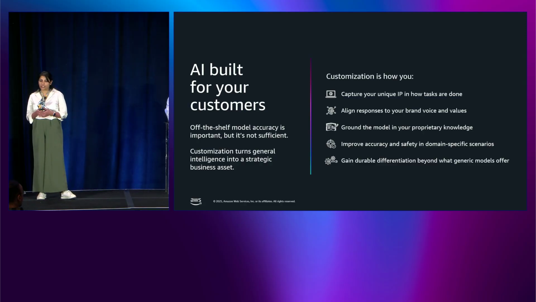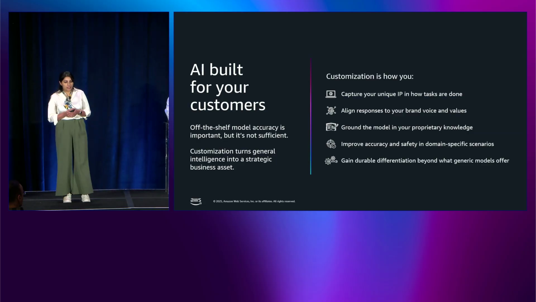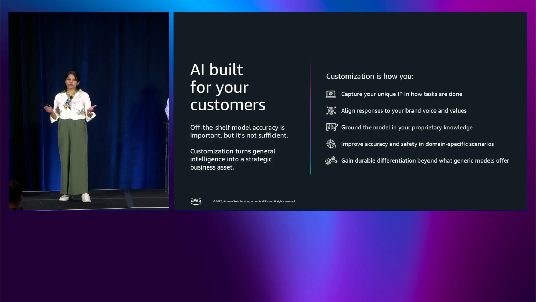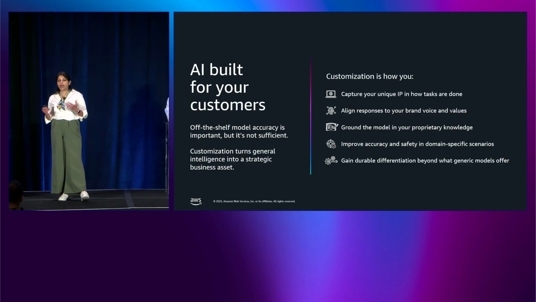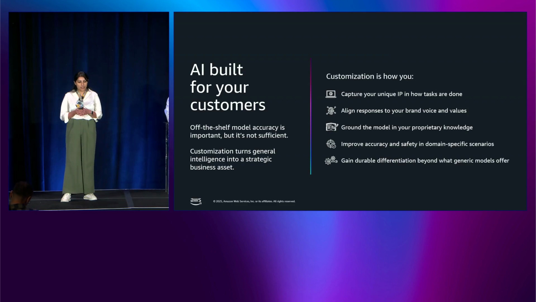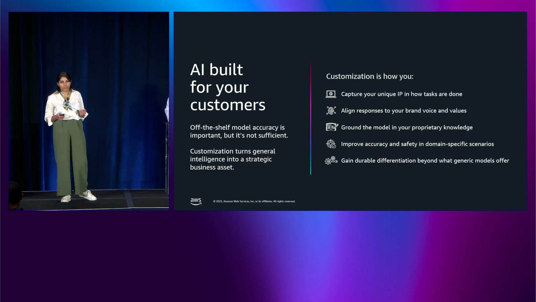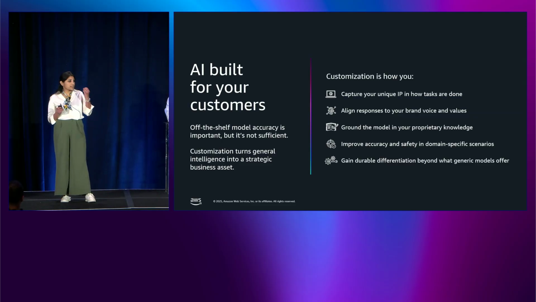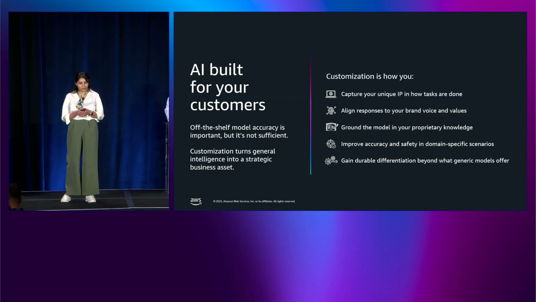So how can customization really help? Customization is how you can capture your unique IP in how tasks are done. You have your unique workflows, your unique business processes, and customization helps you embed these into the model. Customization also allows you to align the responses to your brand voice. A generic model doesn't sound like you. Customization is what brings that consistency across every interaction.